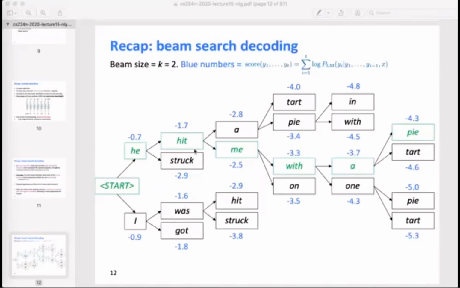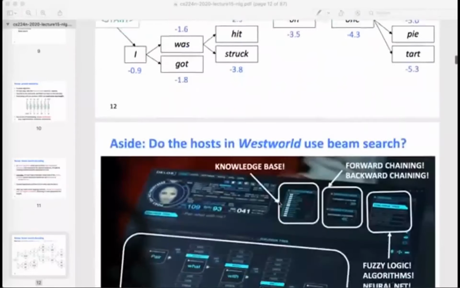And then later on, you're just keeping track of these two, and then later on, when it stops, you can see this green highlighted sentence. So here is the high probability sentence, but it doesn't necessarily need to be the optimum sentence.